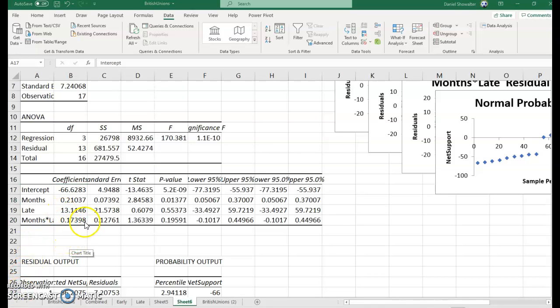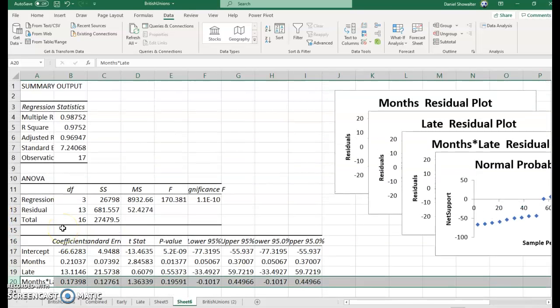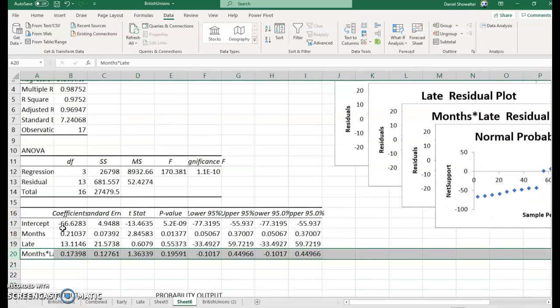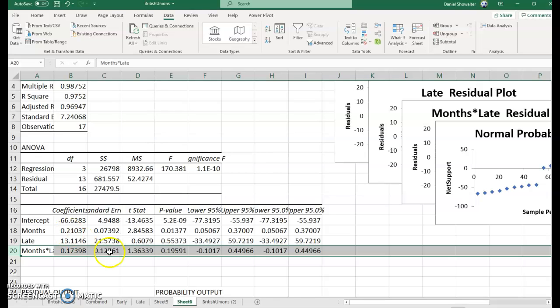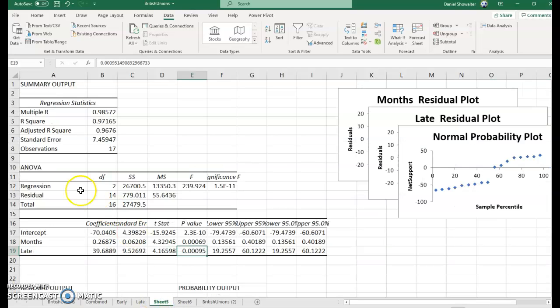Okay, so did we need that interaction term? Was that giving us significant information over and above what we had before? If we take a look at this, this is what the model looked like with the intercept, months, and late, but no interaction term. We can see our R squared there was 0.97, adjusted was 0.9, just a little bit lower.